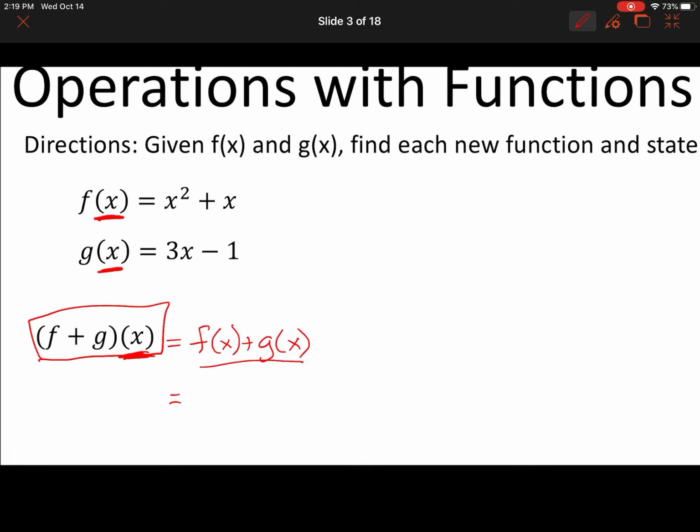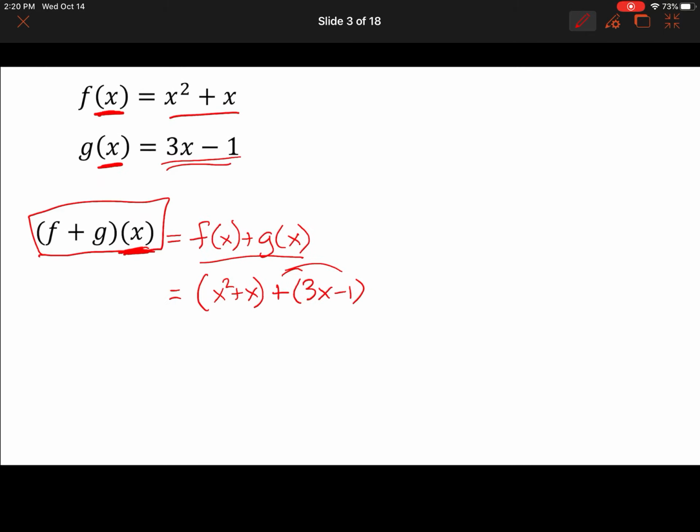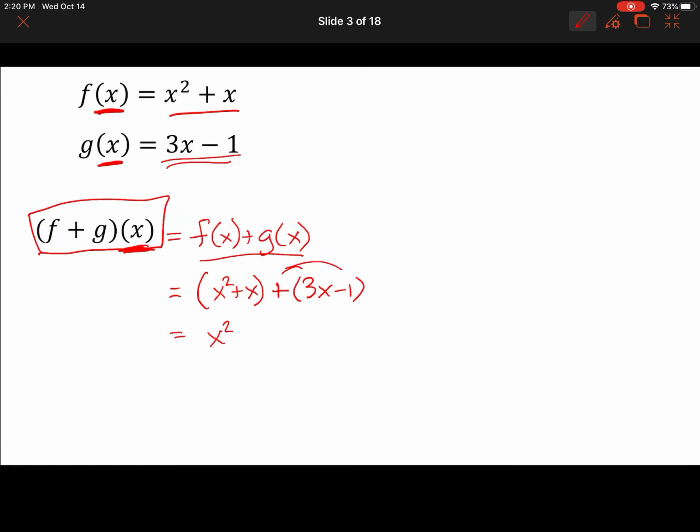So all I have to do is take my old functions and plug them in. So f of x, we're going to replace with what f of x is equal to, which is x squared plus x. And then we're going to add g of x, which is equal to 3x minus 1, as shown above. F of x equals this, g of x equals this. So I plug those in, and then I just simplify. So it's just addition. So you can think about distributing your plus sign or the 1, but that doesn't make a difference.